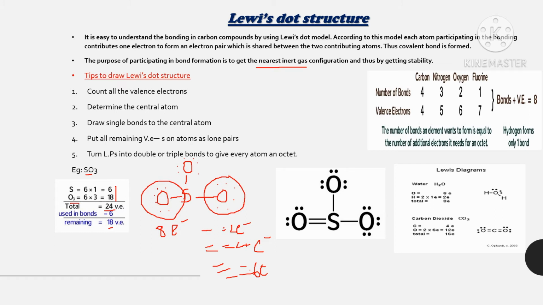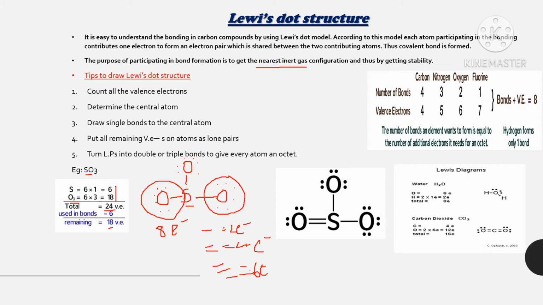Total, how many electrons are there? 18 electrons are there. And see the sulfur atom. Here, how many valency electrons does the sulfur atom have? See, 1, 2, 3, 4, 5, 6.